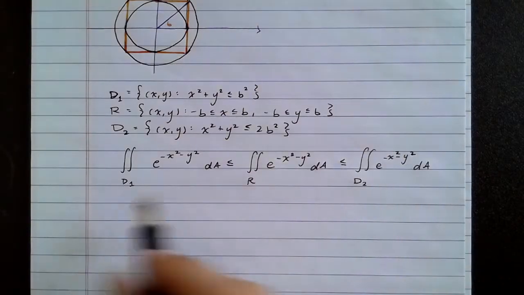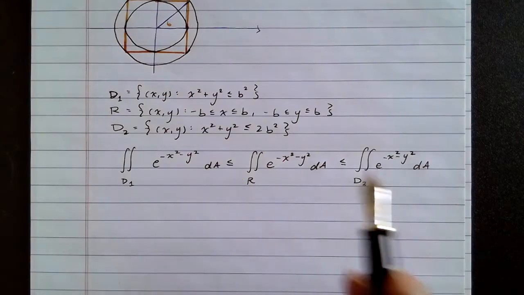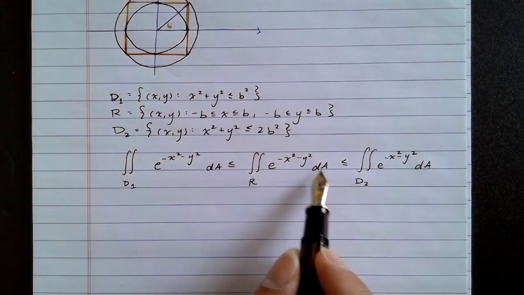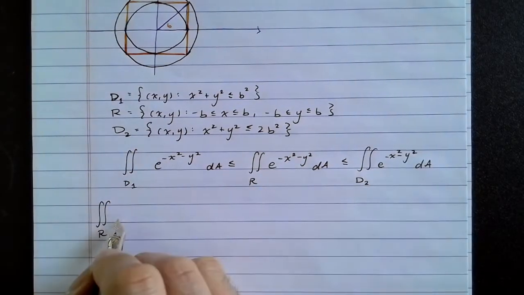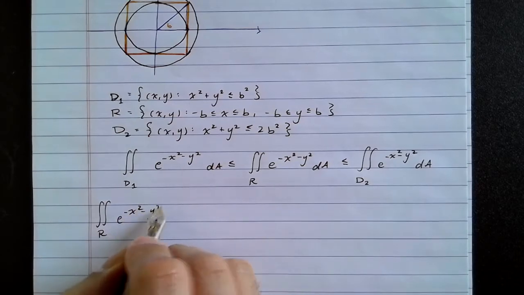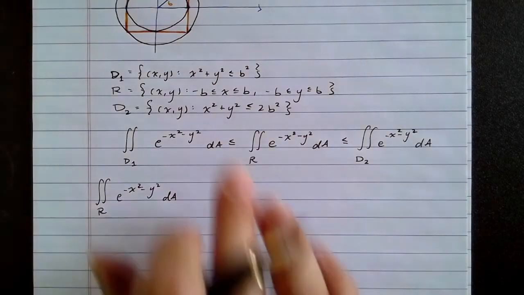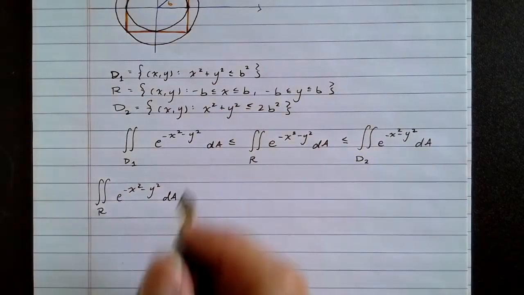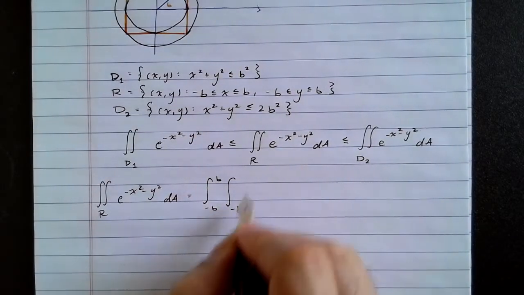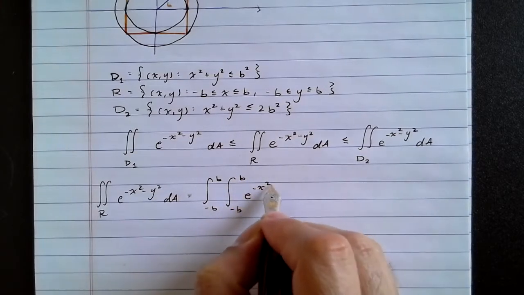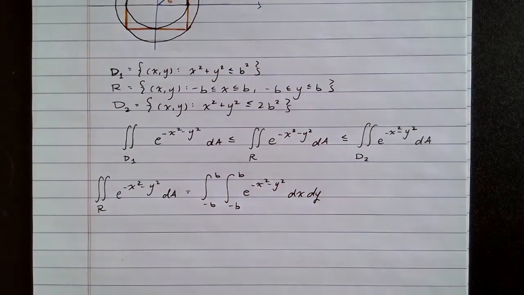All right, so with this string of inequalities, I want to see how this is going to bear on the integral that we were interested in. So first, let's just examine this integral right here. R is a nice rectangular region in Cartesian coordinates, so I can rewrite this in this fashion.